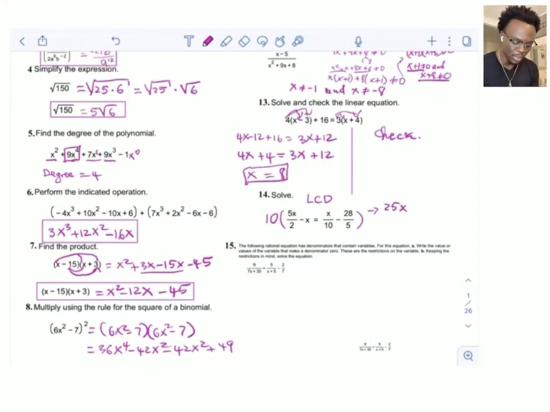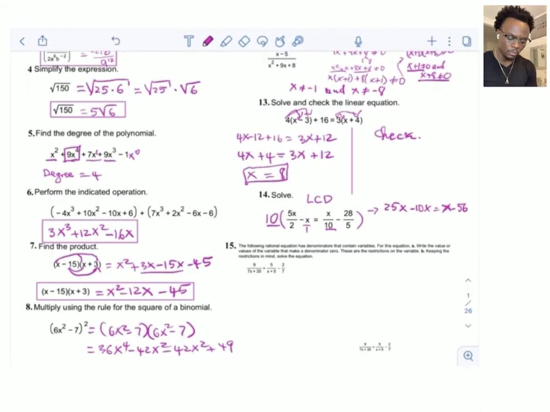The second fraction, denominator is 1, so 10 divided by 1 is 10. 10 times negative x is negative 10x. 10 divided by 10 is 1. 1 times x is 1x, so just x. And then 10 divided by 5 is 2. 2 times negative 28 is negative 56.